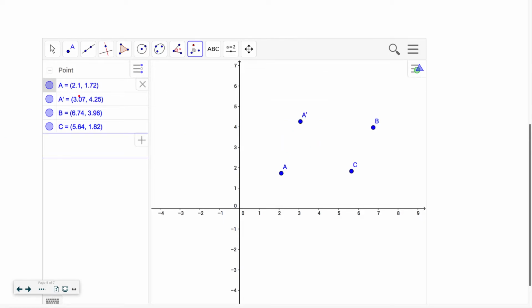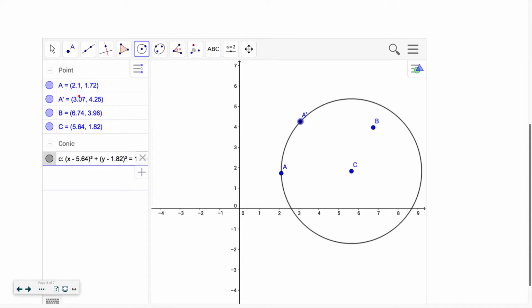Now what does this have to do with a circle? Let's see the idea here. So I want to create a circle with center C and A. Now notice what happens here.